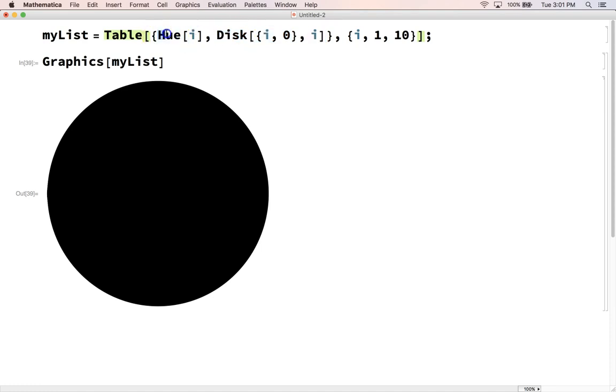Okay, so the first thing is the color. Second thing is the disk that's going to have that color. And right now this isn't very good because hue 1 is the exact same as hue 2 is the exact same as hue 10. Remember, all that it cares about is what comes after the decimal point. So if I want these hues to be changing, I should really divide them by 10. So now it's going to be 0.1, 0.2, up to 1.